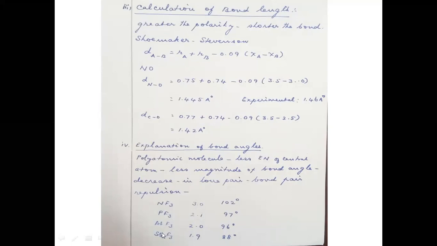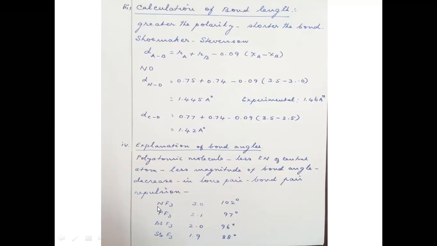If the electronegativity of the central atom is highest, then what will happen? There will be more repulsion between the lone pair and the bond pair, because bond pairs are also brought closer to the lone pair.